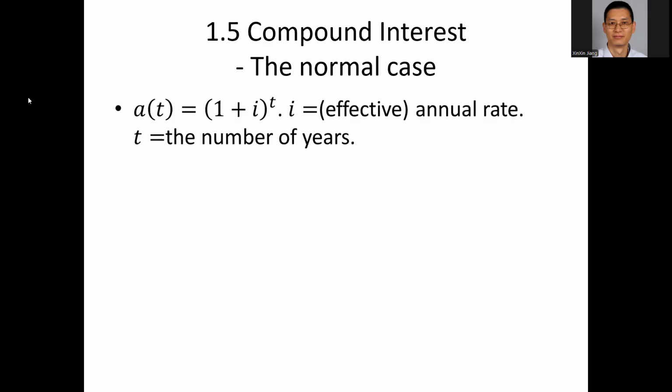And compound interest is kind of fair. We will see later on the effective rate doesn't change along the time. The accumulation function, little a, is given by 1 plus i to the t. i is the effective annual rate, and t is the number of years.